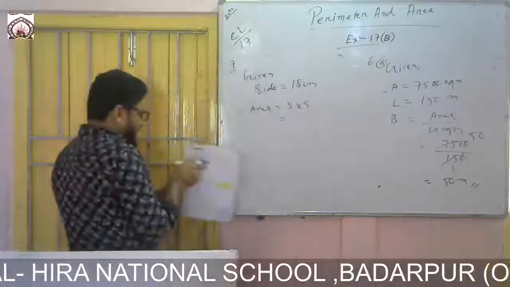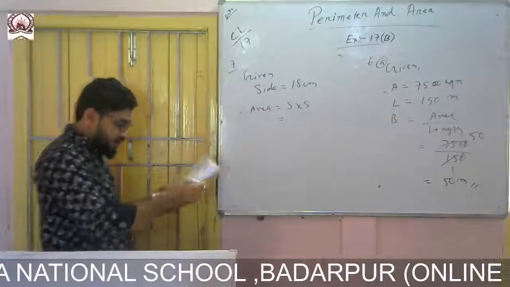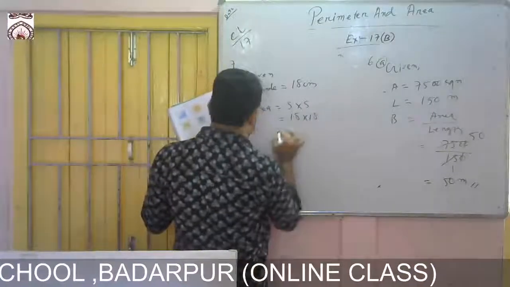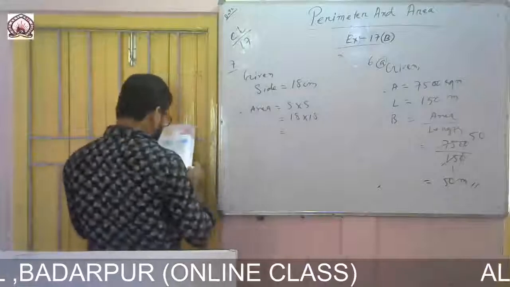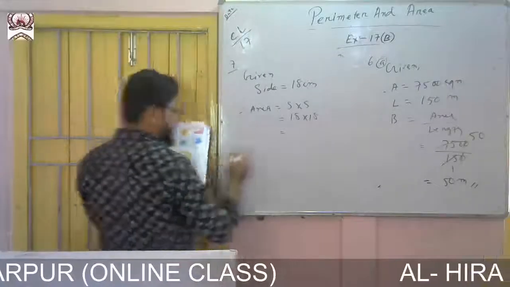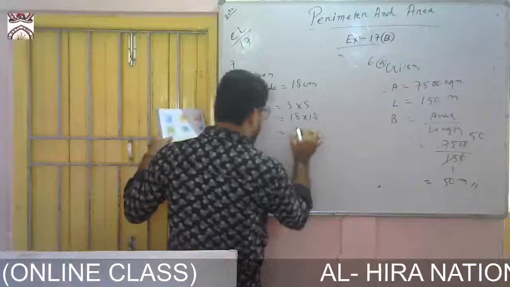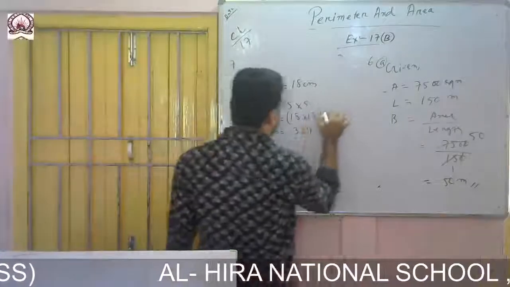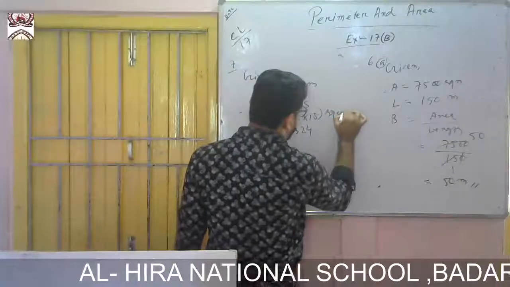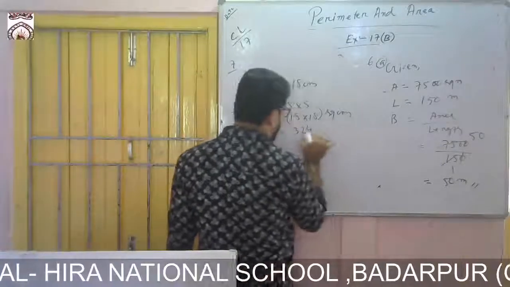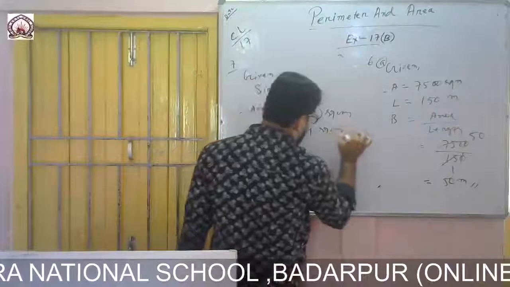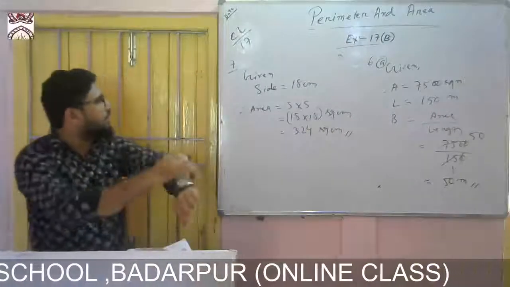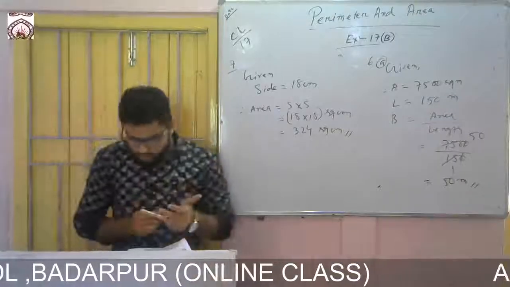Just as we found earlier, 18 into 18 is 324. So this is the last question. Here you write square centimeter. 324 square centimeter, because if you multiply 18 and 18, you will get 324 square centimeter.